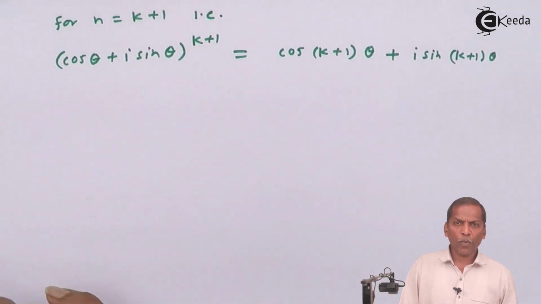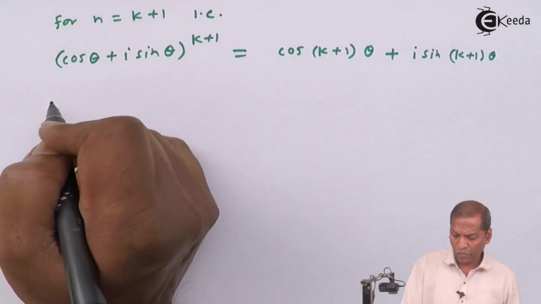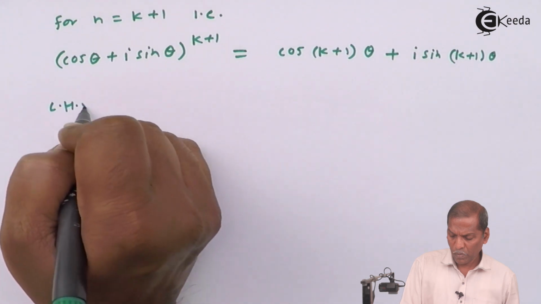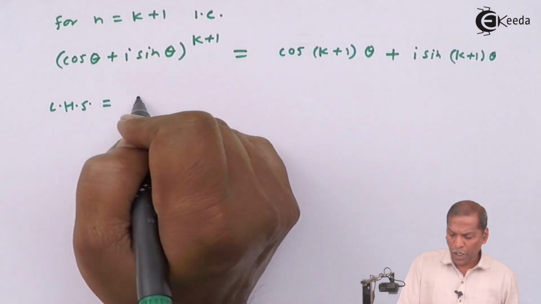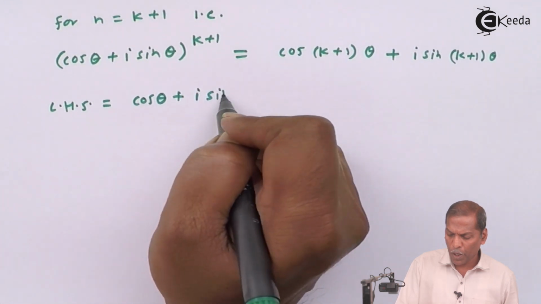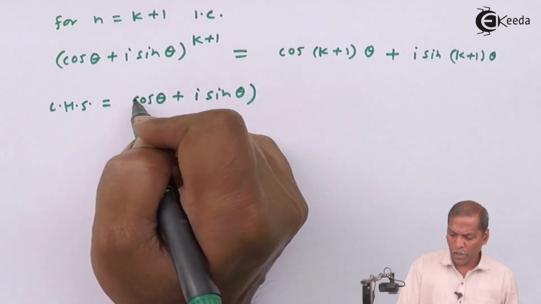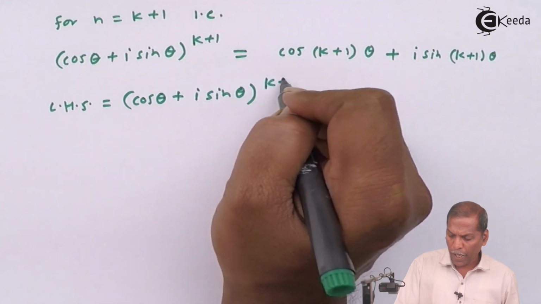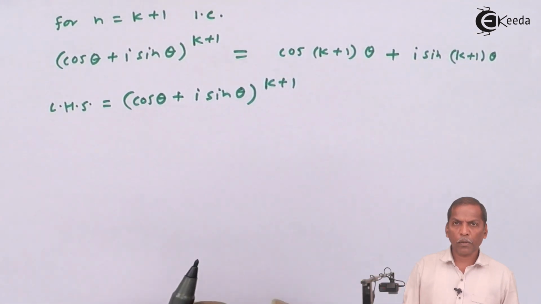So we start from the left hand side. LHS is equal to (cos theta plus i sin theta) whole raised to k plus 1.